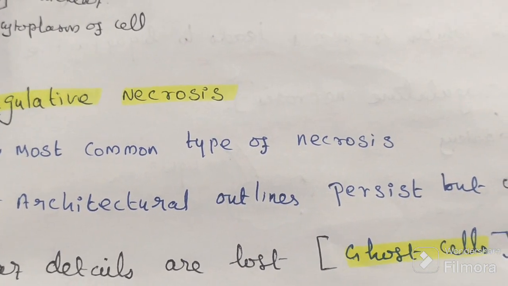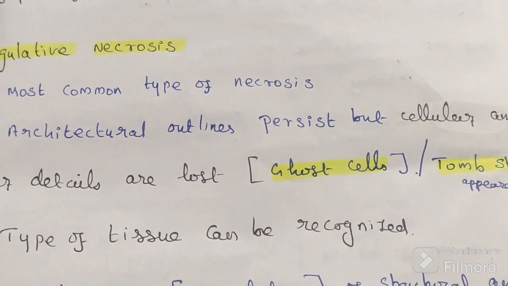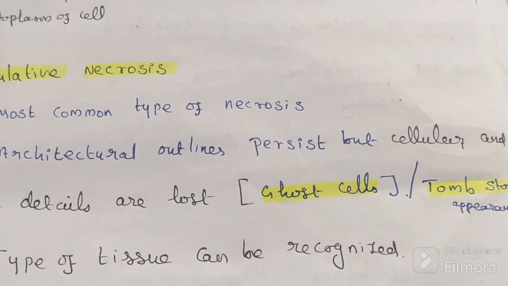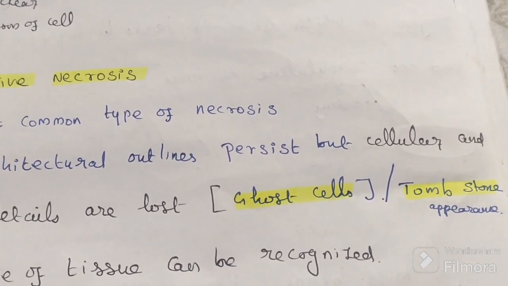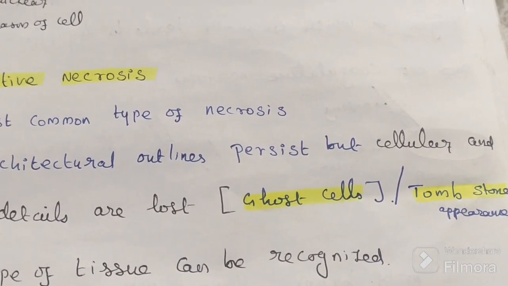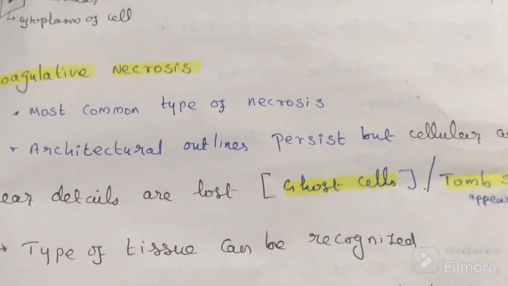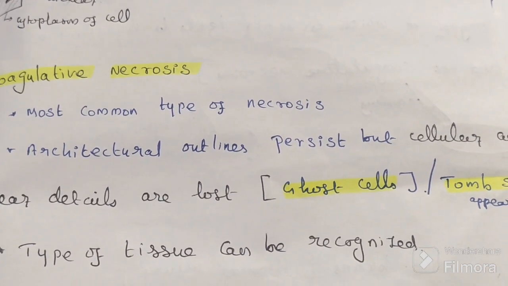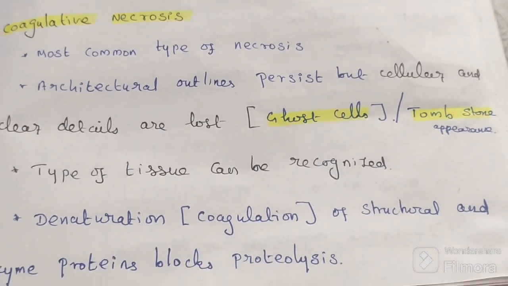Architecture outline is present, but cellular and nuclear detail are lost. So the cell looks like a ghost, or has a tombstone appearance. The type of tissue can be recognized. There is denaturation of structure and enzyme protein, blocking proteolysis.